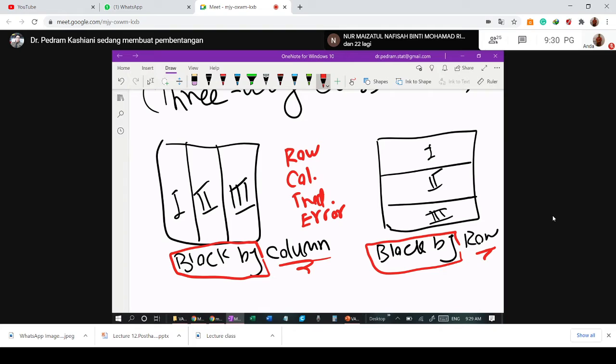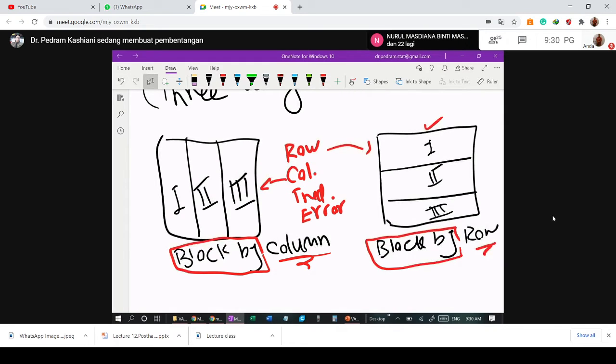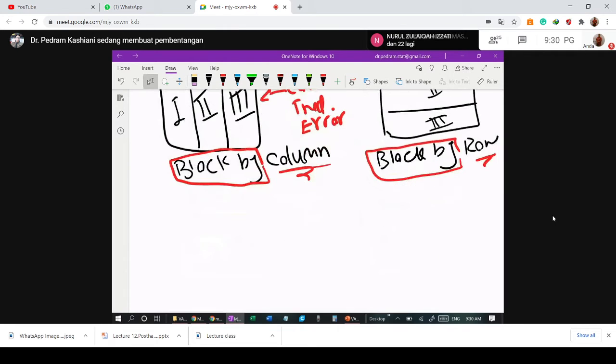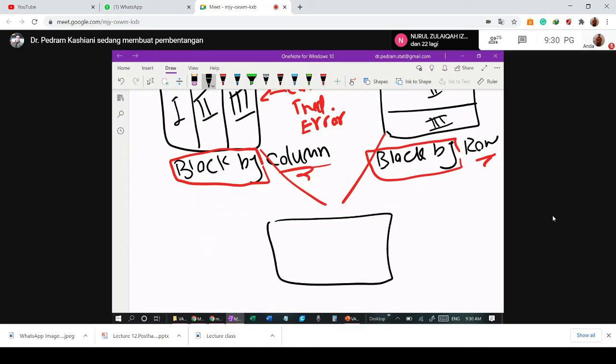What is row? Row means blocking by row. This one is row. What is column? Blocking by column. Treatment is my treatments, and then experimental error. Remember that these two should be in one experiment, meaning I have to merge these two blockings, and here I have to have something like this.